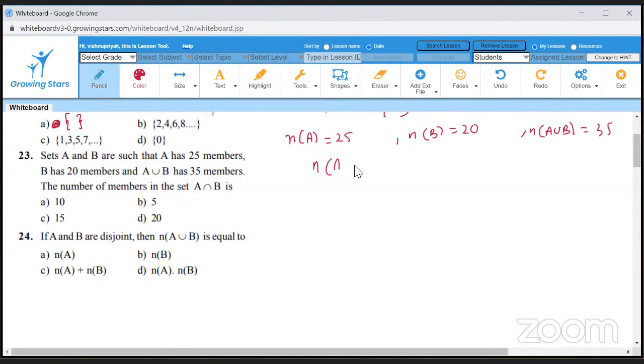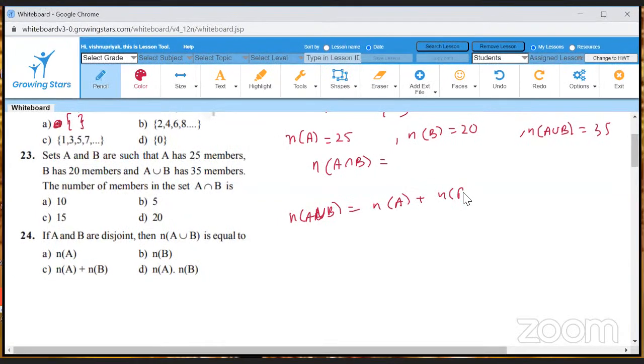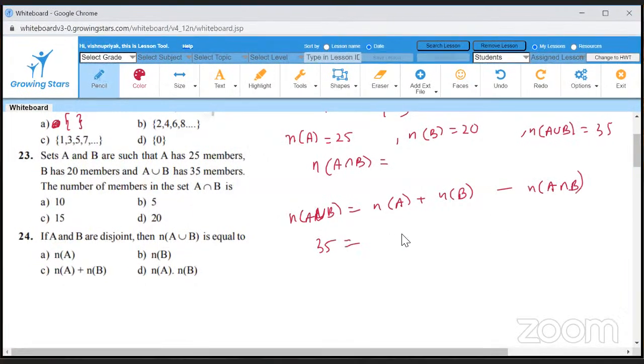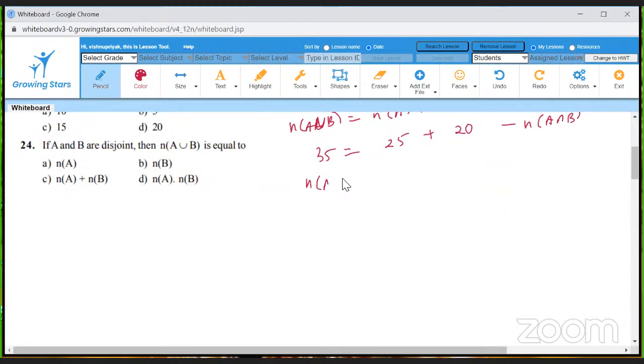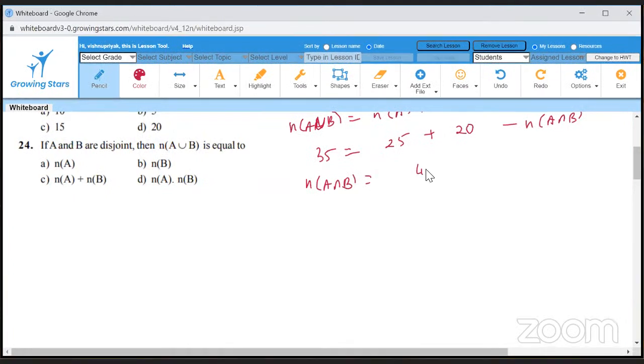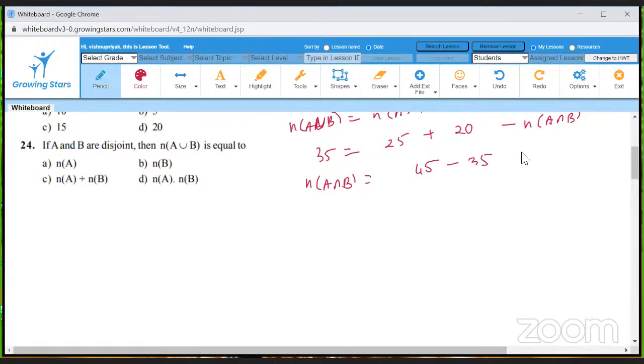Number of members in A intersection B. So you have to take A union B equal to A plus B minus A intersection B. This you will write 35 equal to 25 plus 20 minus A intersection B. So in A intersection B, there will be 45 minus 35.